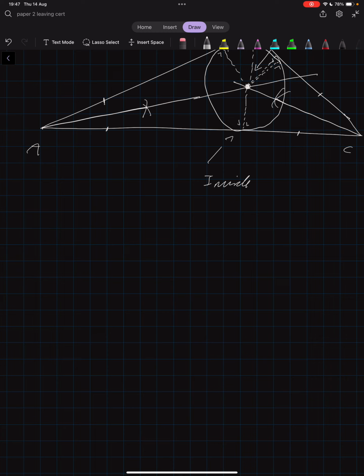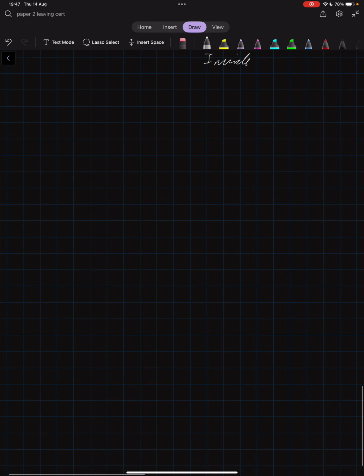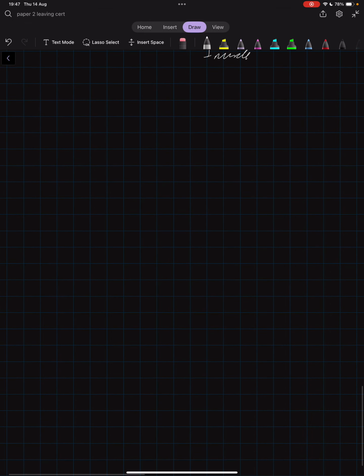Now the next thing, there's another one. Yeah, the centroid. I think the centroid is also, I think it's the center of gravity as well.